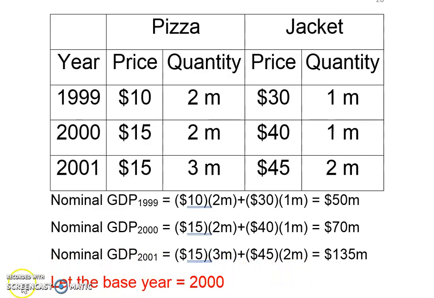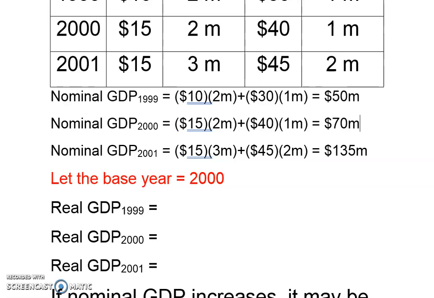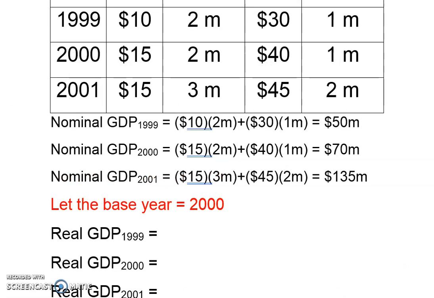So to fix this problem, we have a new concept called real GDP. The idea of real GDP is we try to fix the price. So we're going to select one of these prices and then fix it and use it to measure all different years of quantity.